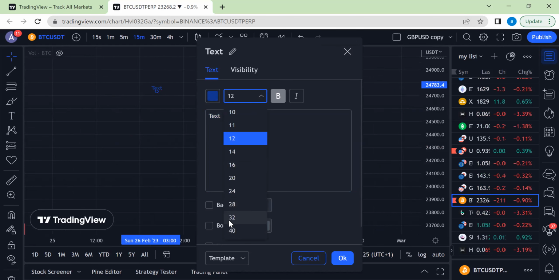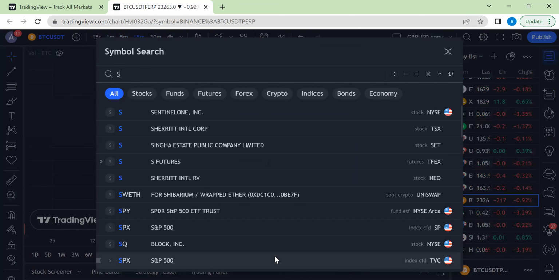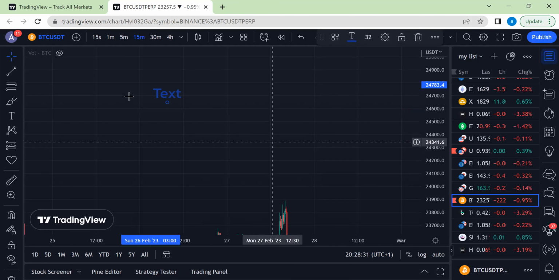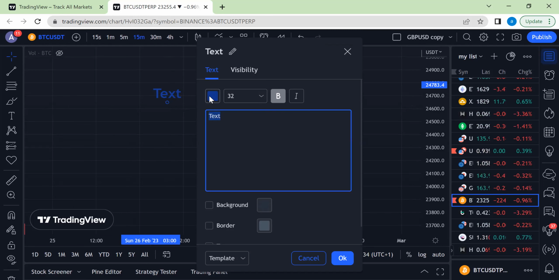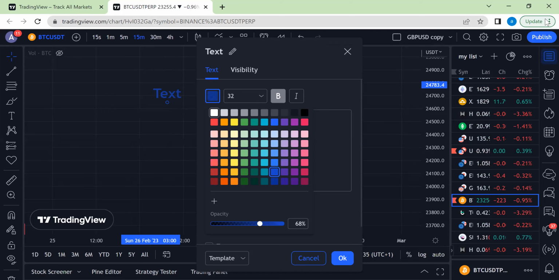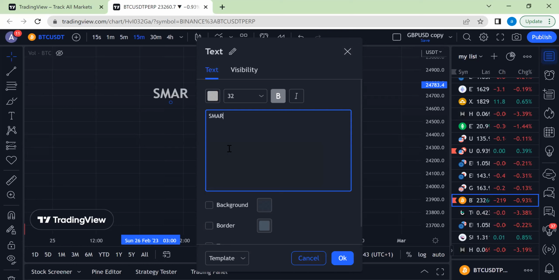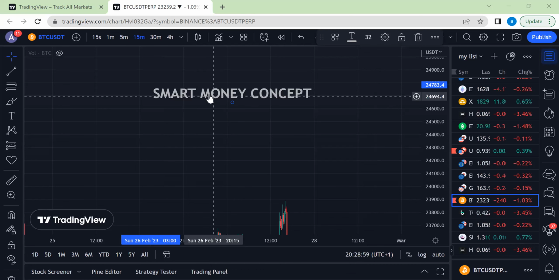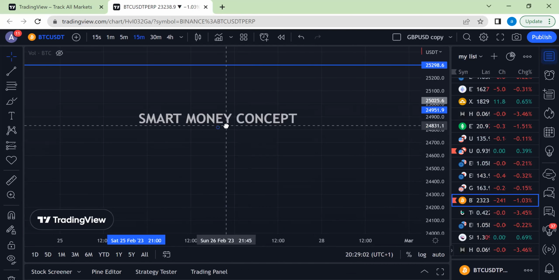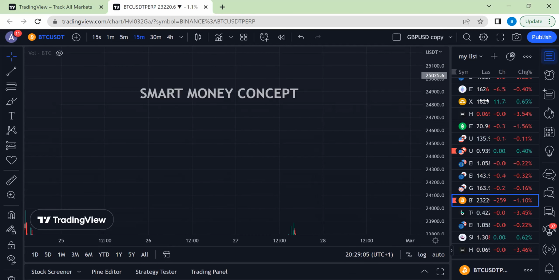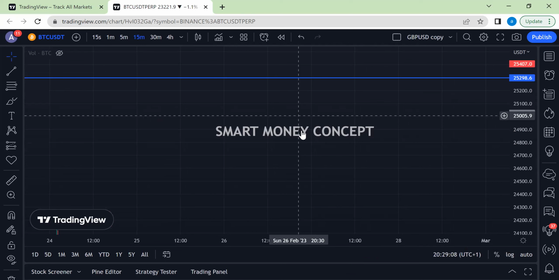Smart money concepts. Now, the reason why we call it smart money concepts is because all what you have been trading with before is the initial trading methods that was available.